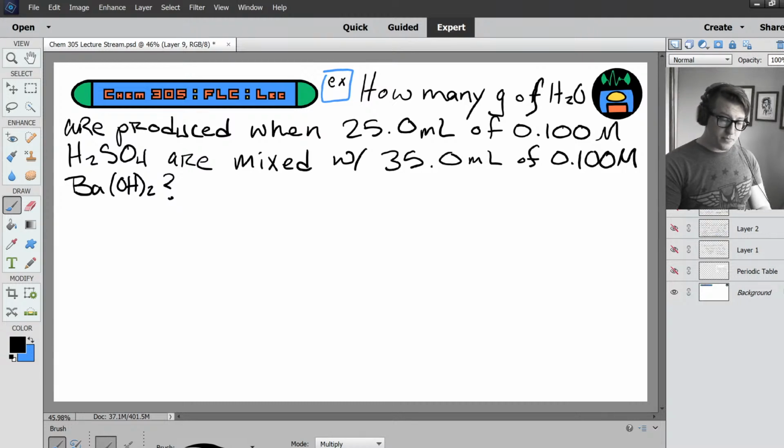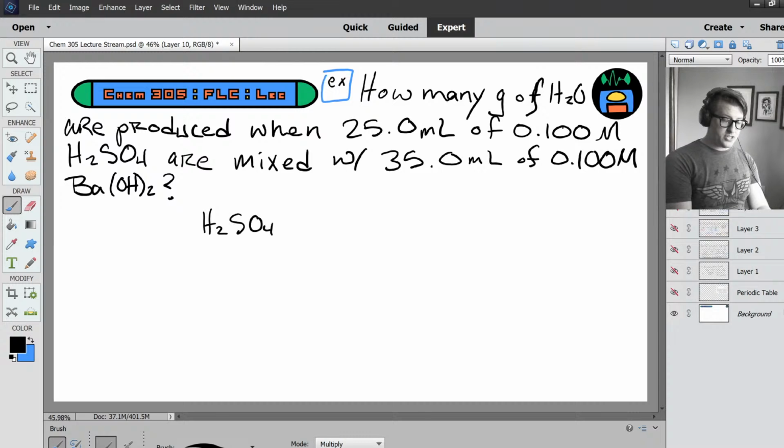Step number 1 of this process, we need to write out our balanced chemical equation. We have sulfuric acid, H2SO4, reacting with barium hydroxide to produce water, all right, and our salt.